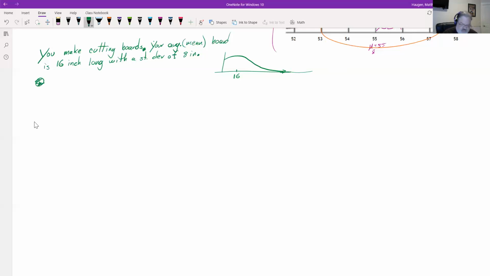So, let's get rid of that. You find a sample of, how many of your cutting boards? Let's say 50 boards.